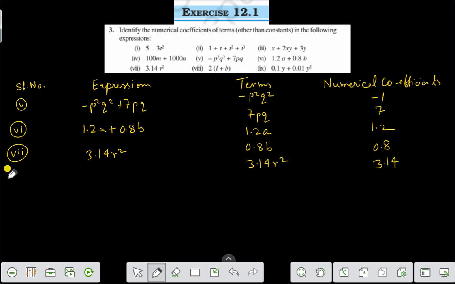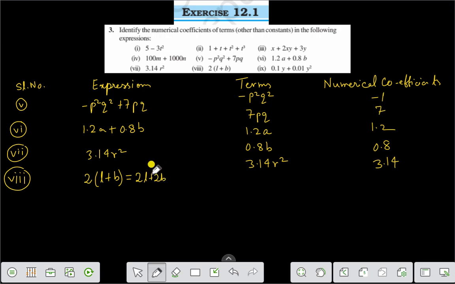Question number 8 is 2 into L plus B. Here there seems to be only one term, but the expression can be written as 2L plus 2B, if you multiply 2 with it.